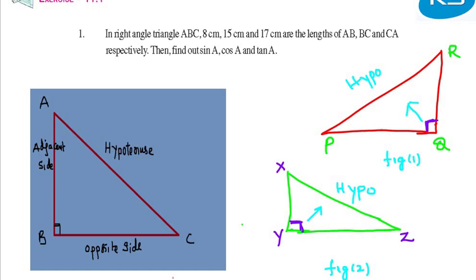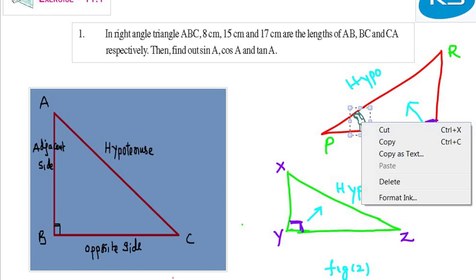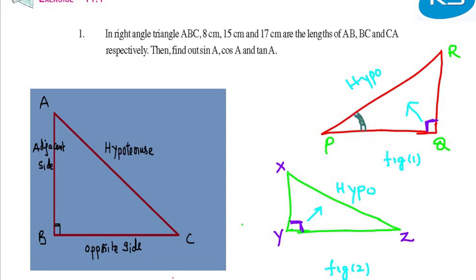Come to the next, how to identify the opposite side. Opposite side of what? In the first figure, I am taking angle P as the reference angle. With respect to angle P, the opposite side is QR.